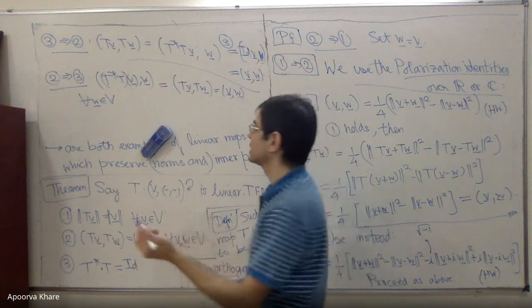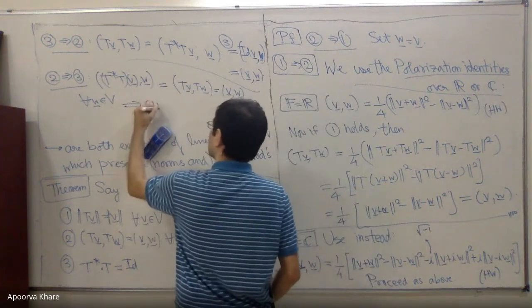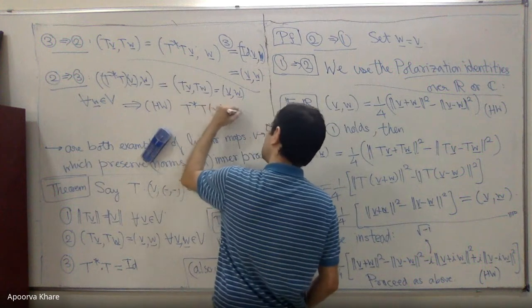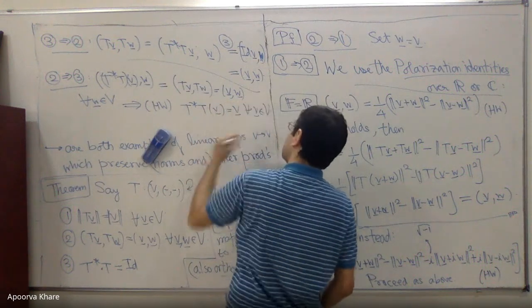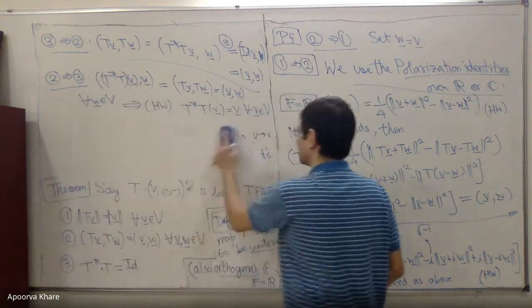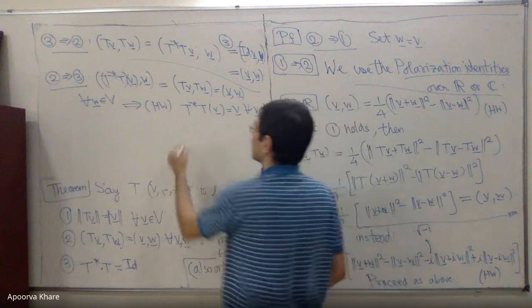By the homework problem, this implies T star T of V equals V for all V in V. But what is the linear map which sends V to V? There is a unique such linear map and it's called the identity map.